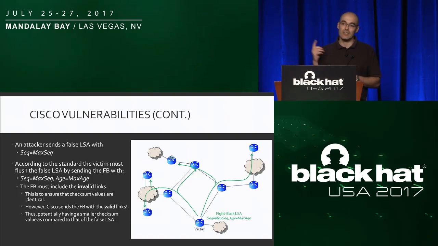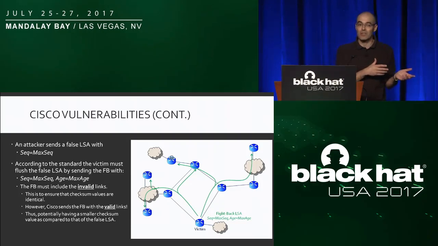Okay, the invalid links should be in this unique fightback message. This is in order to make sure that the checksum value in this unique fightback message will be the same as the checksum value in the false LSA message sent by the attacker.